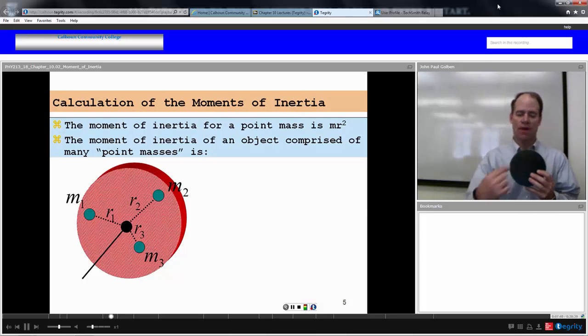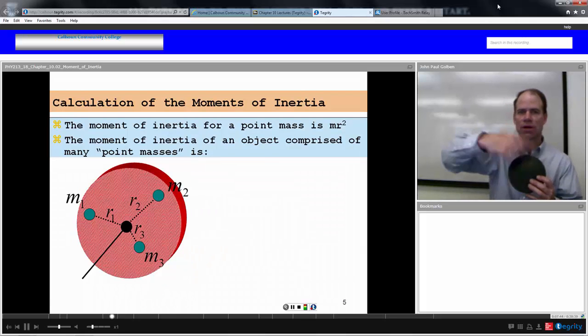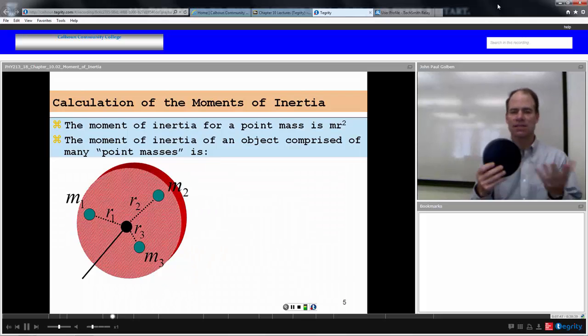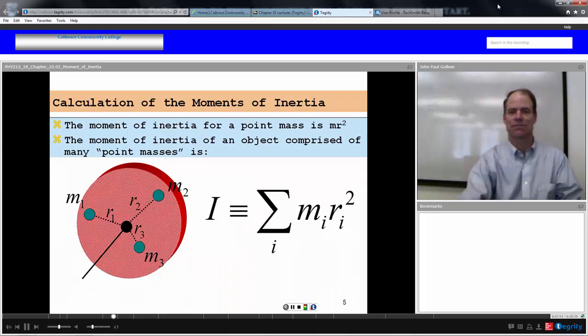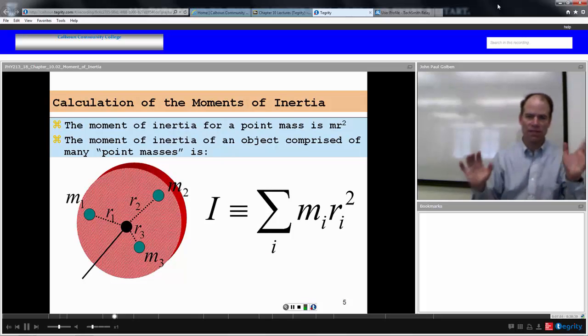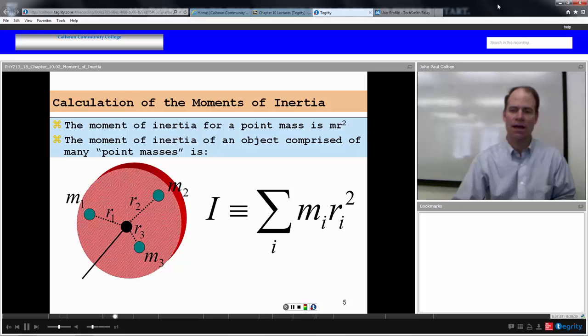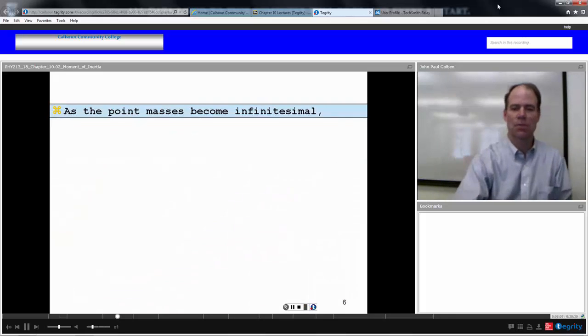So I'm going to have a little m r squared here, larger m r squared, larger m r squared. I'm going to add up all these things together to get the moment of inertia of this disk. So I would say that the moment of inertia is a summation of all these little point masses, m sub i, times their respective radius from the axis of rotation, r sub i squared. So if I sum up all those, I will get the moment of inertia.